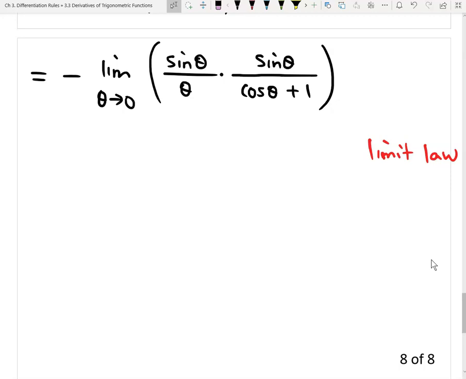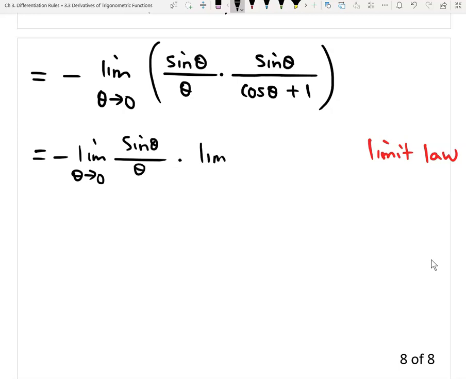I will get directly this one. So here is negative, the limit as theta approaches 0 of sine theta over theta, times the limit as theta approaches 0 of sine theta over cosine theta plus 1. Then now you know the first part is 1, right? Good.